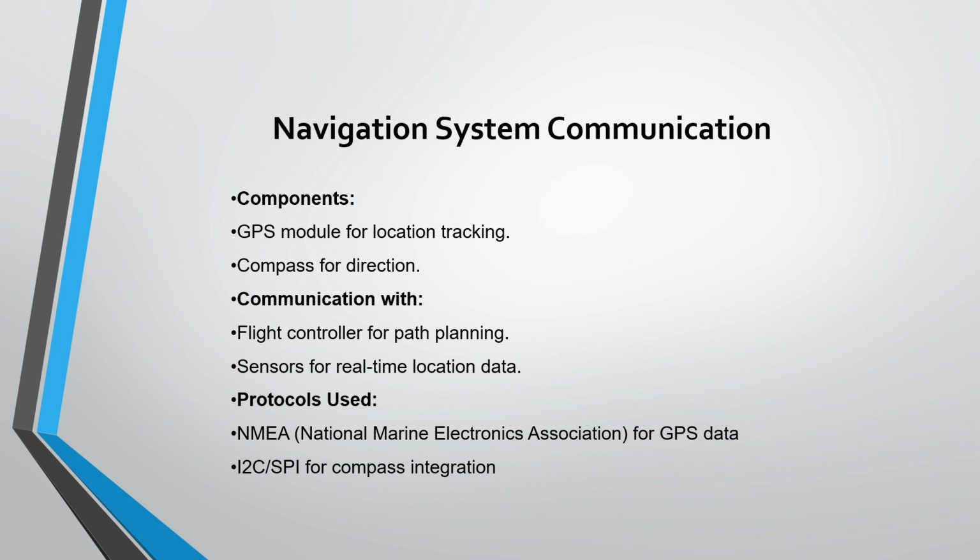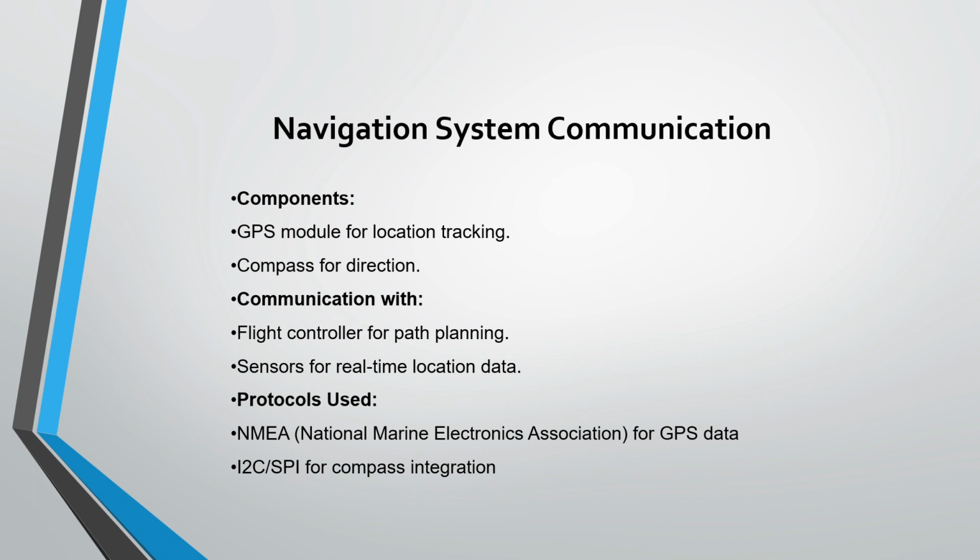And the next one is the protocol used in navigation system communication. NMEA, National Marine Electronics Association, is a very important protocol for GPS data used in navigation system communication.